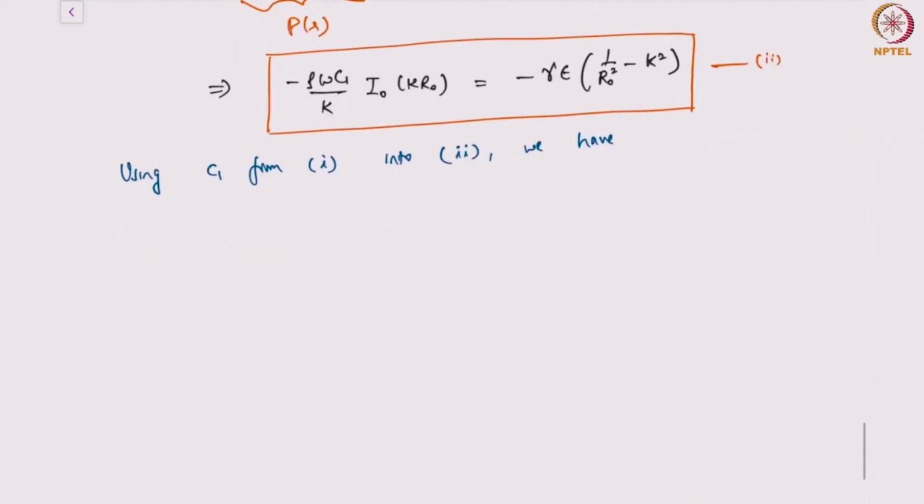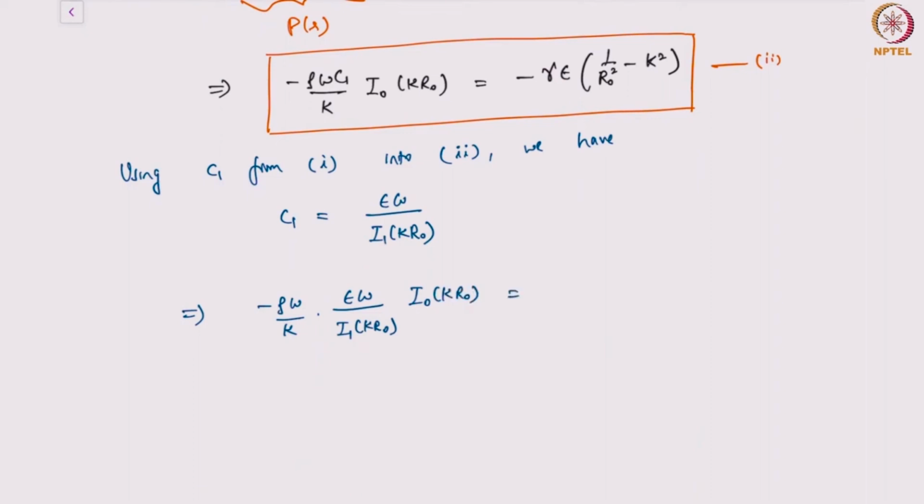what do I have here? So C1, what was the value of C1? C1 turns out to be epsilon omega by I1 of KR. Okay, and therefore I have minus rho omega by K C1, that is epsilon omega by I1 of K R naught, this is supposed to be R naught, times I0 of K R naught.